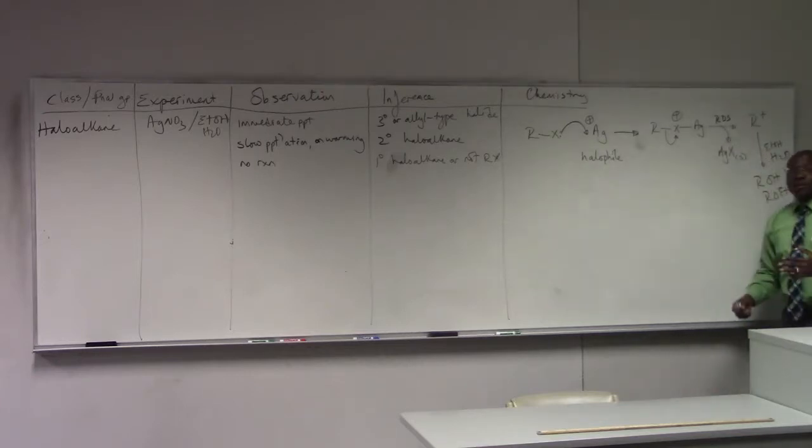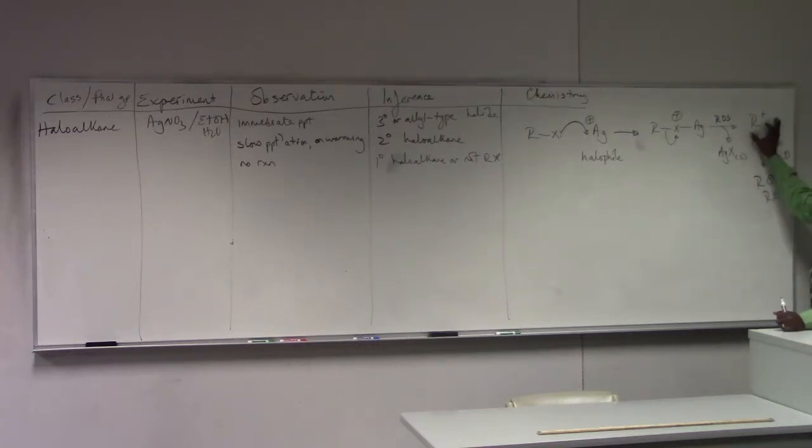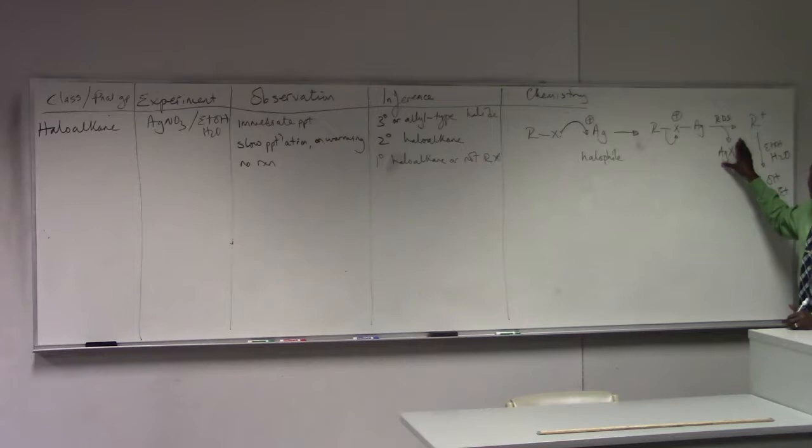That is the rate determining step or the rate limiting step. That controls the kinetics. So the faster this carbocation forms, if it forms at all, the faster I see precipitate, because these things happen simultaneously. Carbocation forms at the same time the precipitate forms. So the faster the carbocation forms, the faster the precipitate forms.